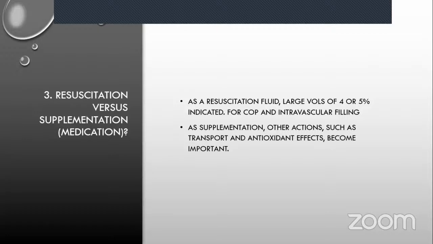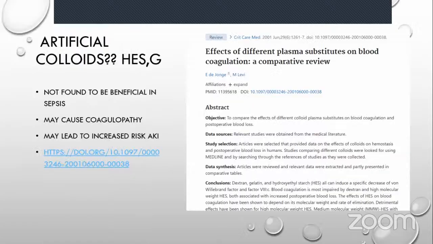Here you're aiming to fill the intravascular space, but for supplementation, you're giving it as a medication for other actions, such as improving transport of your medications, antioxidant, microvascular preservation importance.